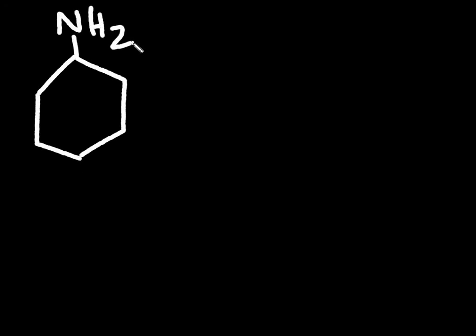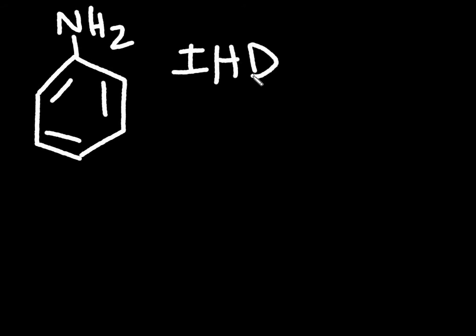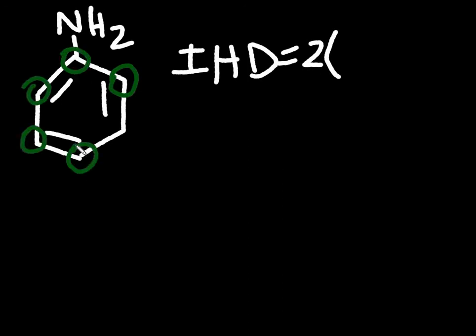We have this molecule here. Okay, so we go back to our formula. IHD equals 2 times the number of carbons, and it should be 6, right? 1, 2, 3, 4, 5, and 6.